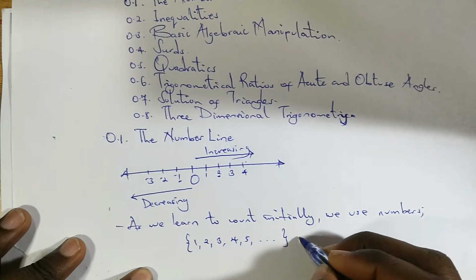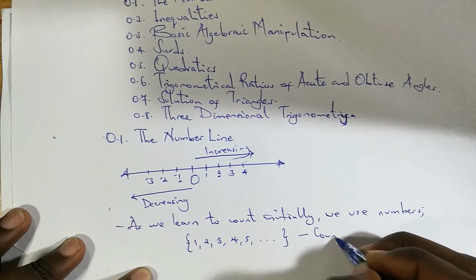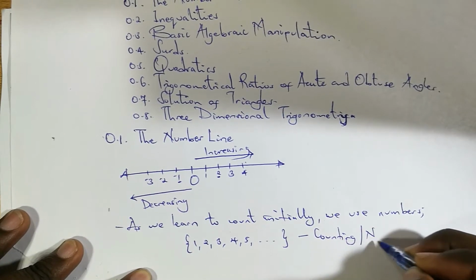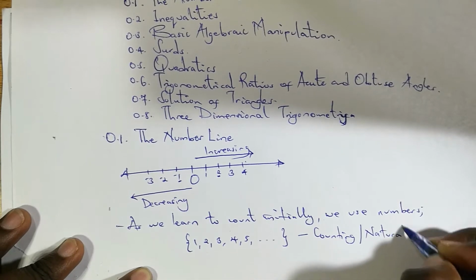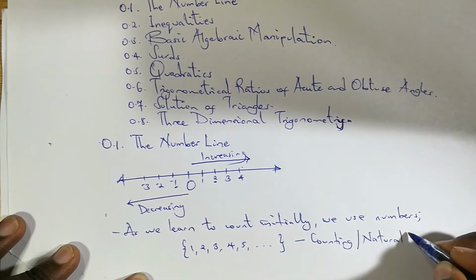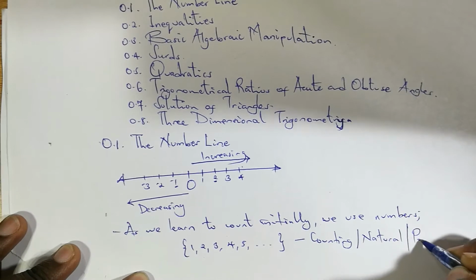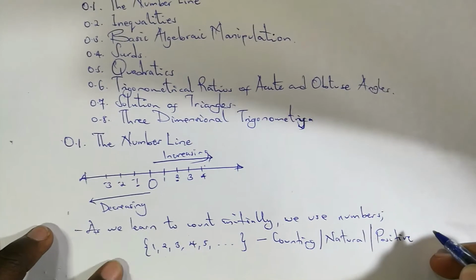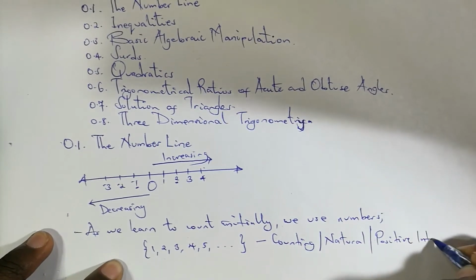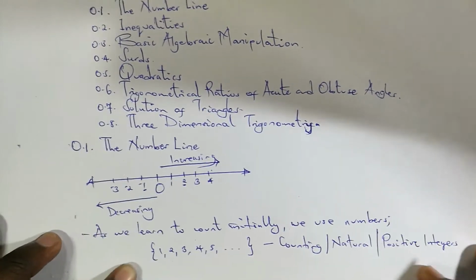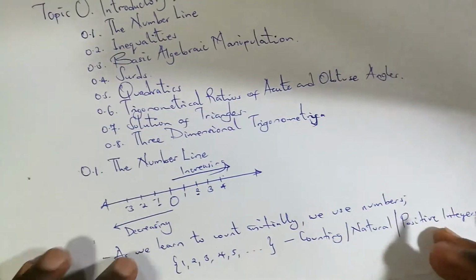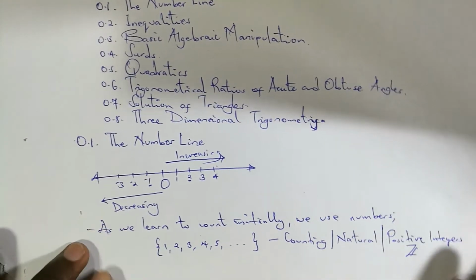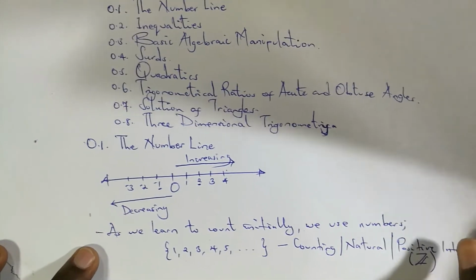These numbers are referred to as counting numbers, or natural numbers, or positive integers. Positive integers have a symbol, that's Z.